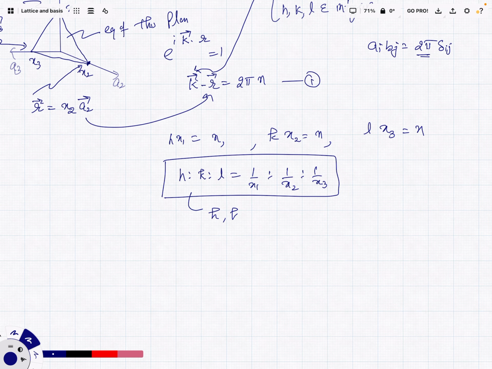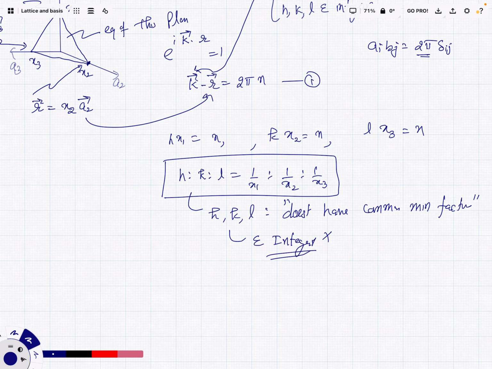So h, k and l should not have a common minimum factor. Then I can get the HKL. Take the ratio, multiply by anything, and get rid of all the common factors and any fractions, and HKL has to be integers.